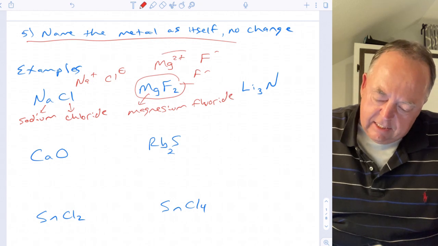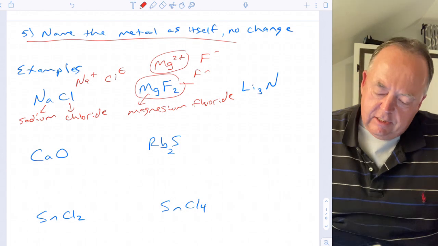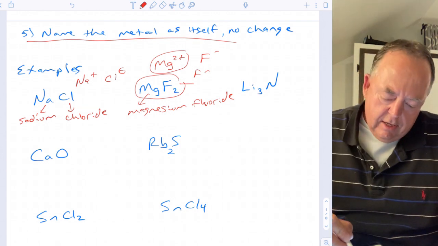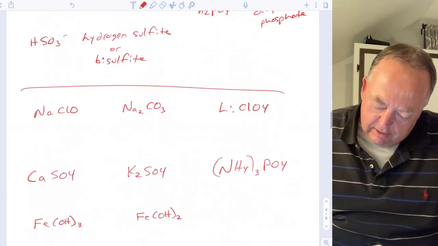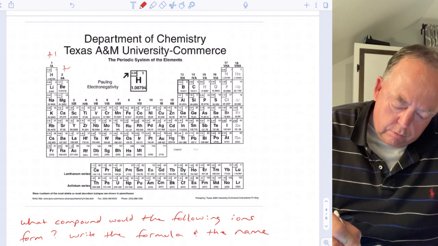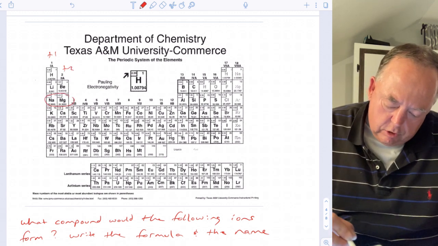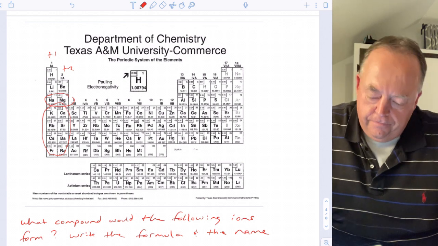Right, so magnesium is +2 charged, but you don't have to indicate the charge on the metal because magnesium always wants to be +2, and sodium always wants to be +1. Did I put a periodic table in here? Yes. So if you remember, group 1 likes to be +1, group 2 likes to be +2, so there's sodium and magnesium. So these elements, you don't have to put the charge in the name.